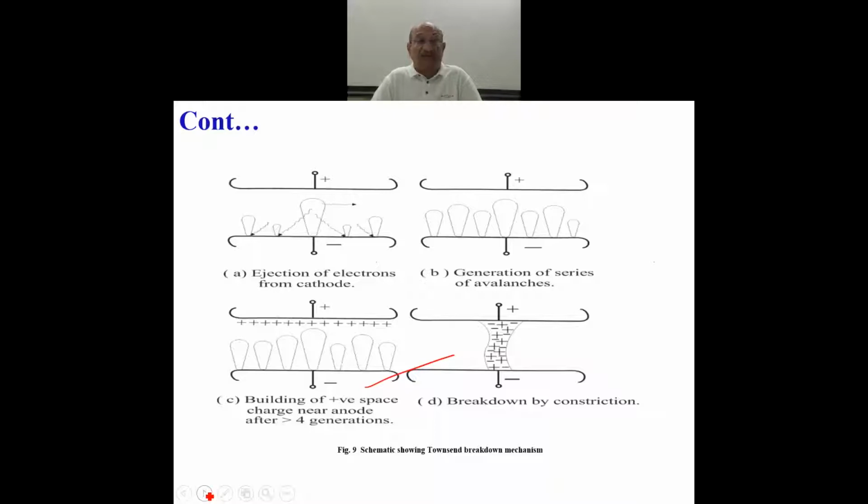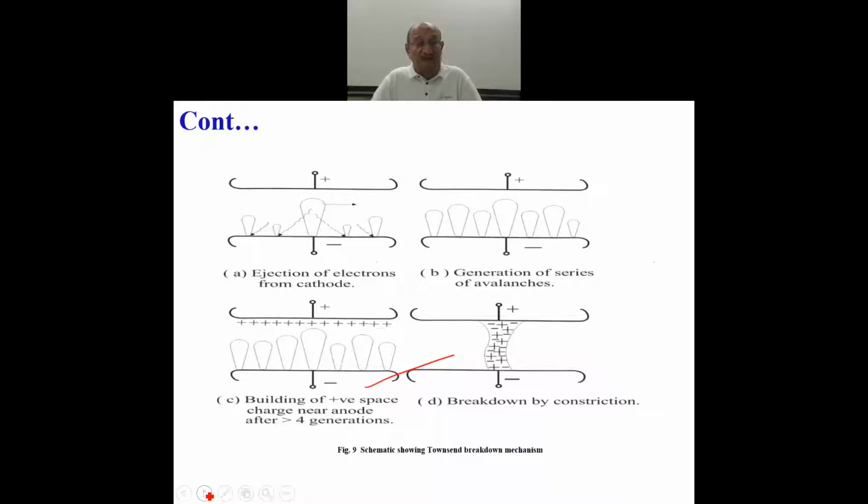Every electron ejected out from the cathode, we have learned that is the gamma process, gives rise to another avalanche, and that is how a number of avalanches are produced.